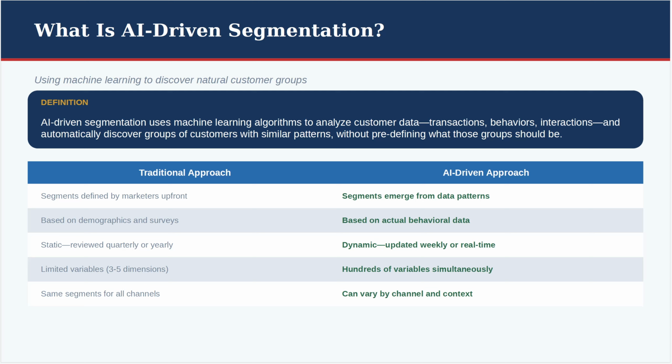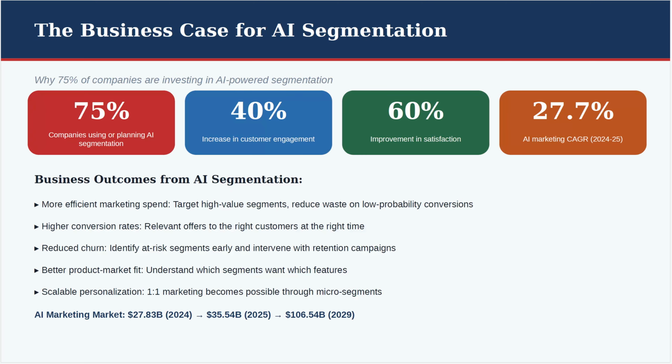As new behavior comes in, a customer can move between segments based on their last actions. And we discussed that Netflix has about 1,300 plus different taste profiles. Okay. And then you have the same segments for all channels, but in case of AI-driven, they can vary by channel and context.